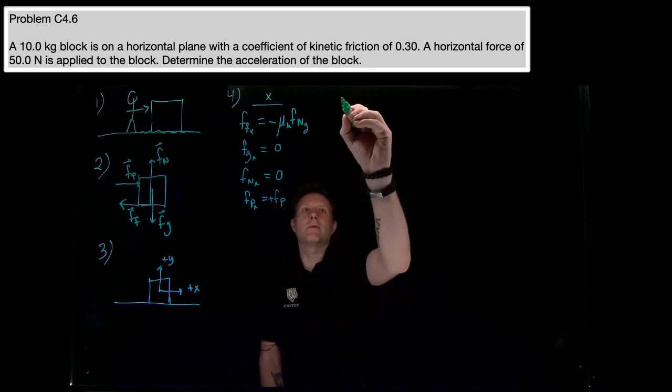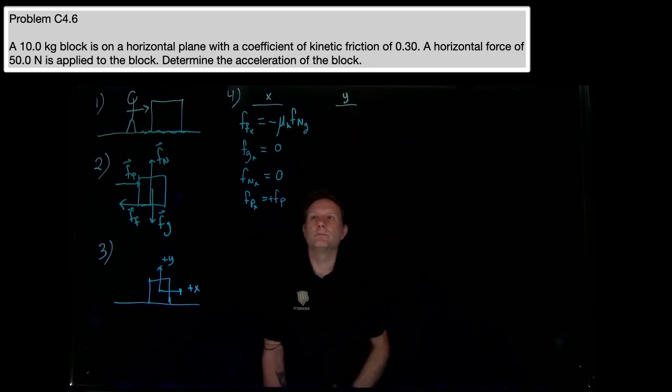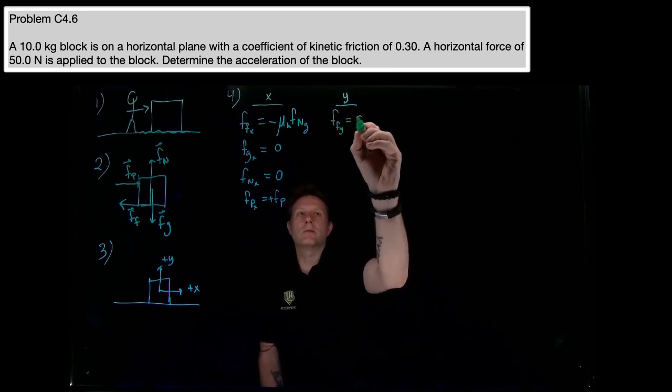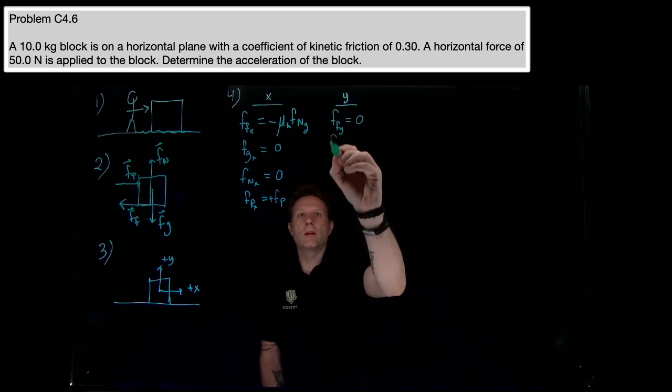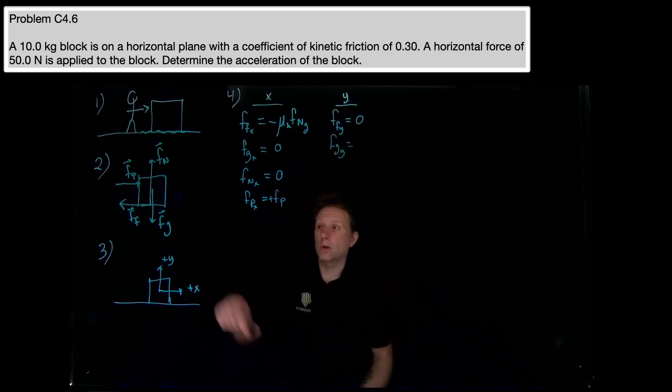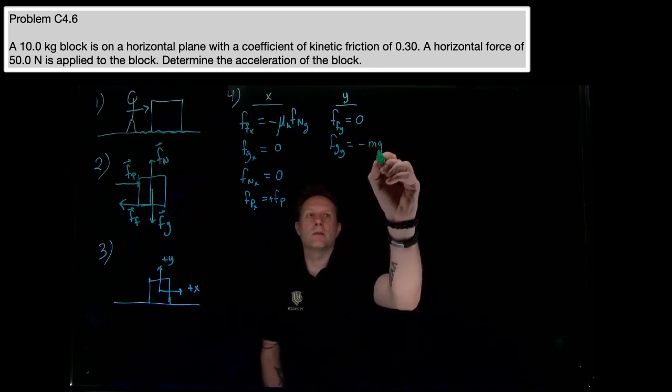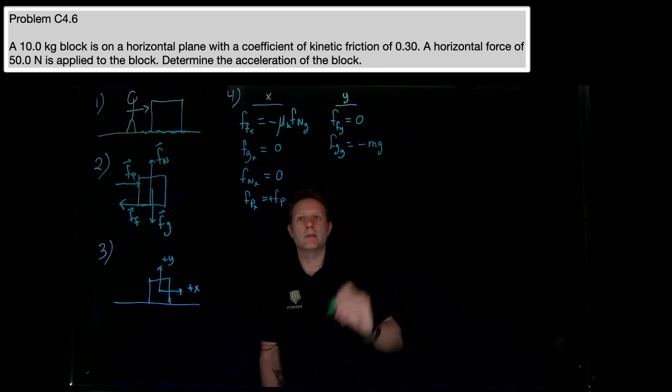We can do the same thing in y. In this case, again, we take our frictional force. There is no y component. Our force of gravity is all in the y direction, but it's in the negative. We use the helpful equation that the force of gravity is mass times the acceleration of gravity.